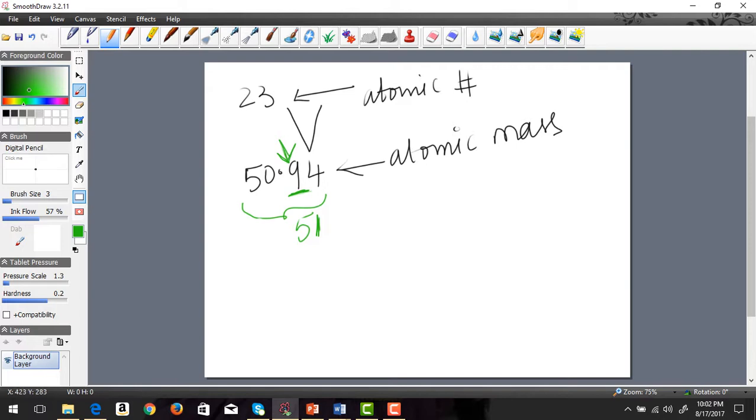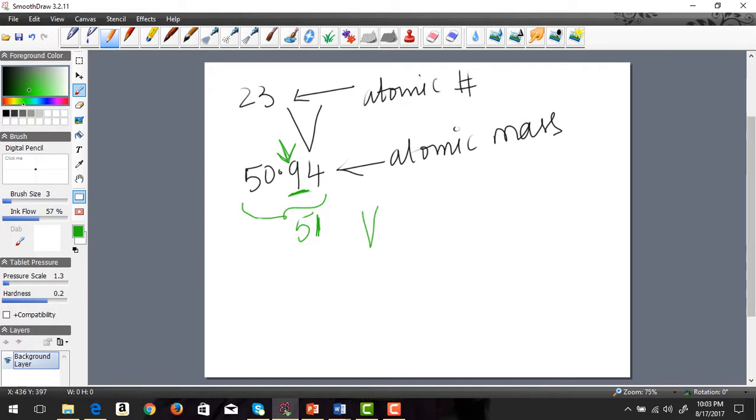You do this only if the specific number immediately following the decimal place is 5, 6, 7, 8 or 9, then you can't just treat it as 50, but you should round it off to the nearest whole number as 51. So going with that analogy, the atomic number rule will never change because it's a whole number.